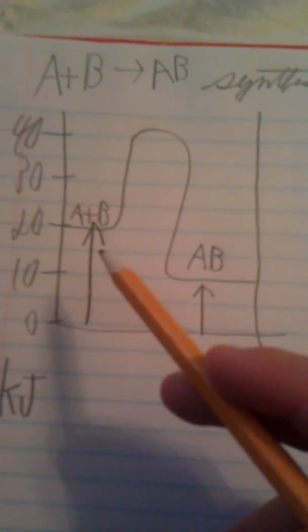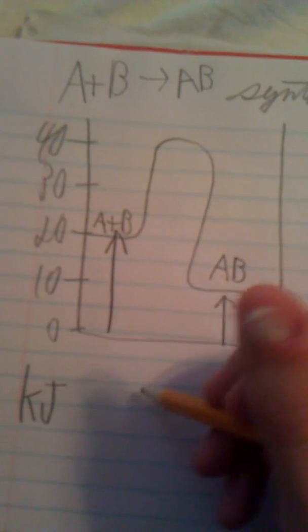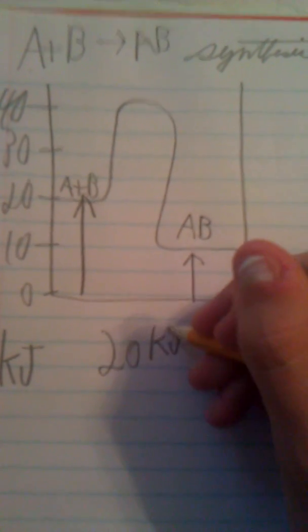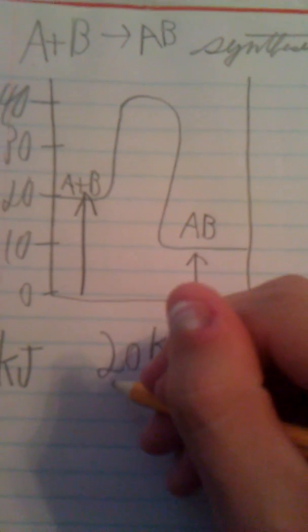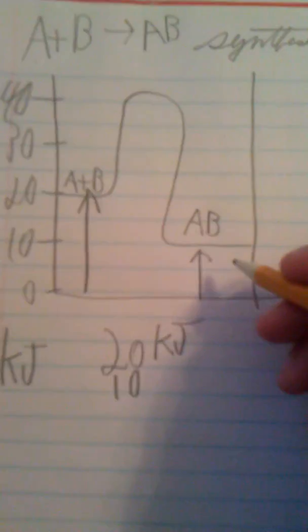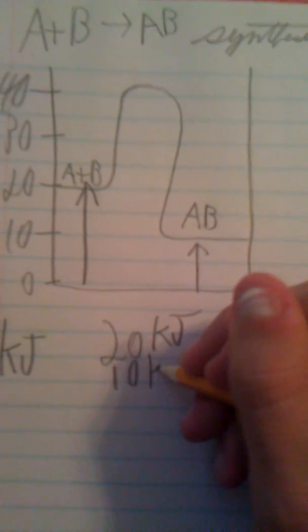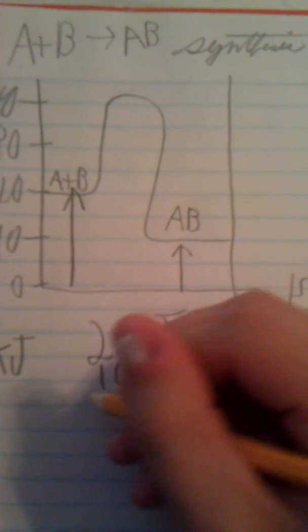Now, back to this. This is an exothermic reaction. Here the potential energy of A plus B is 20 kilojoules, and the potential energy of the products is 10 kilojoules.